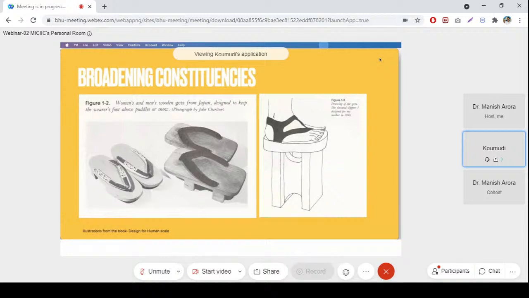These tabi separate the big toe from the rest of the foot. When leaving the house, foot and tabi are slipped into wooden thong sandals called geta. Geta come in many different heights, from 5 to 25 centimeters. They keep the feet from touching mud or snow.